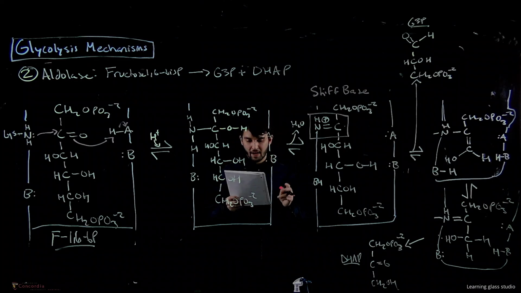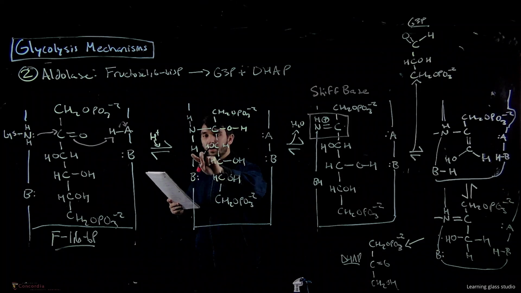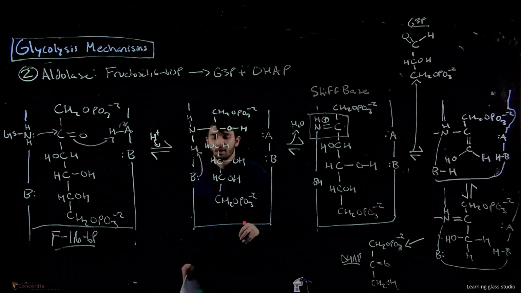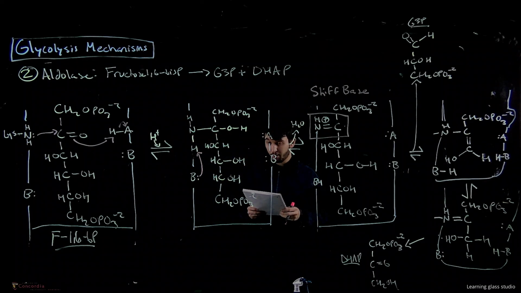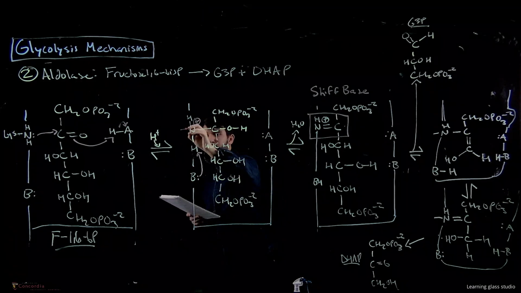So the next thing to do in order to make the Schiff base is, this basic residue here is going to come and it's going to take that proton off the nitrogen in the lysine. So this nitrogen here has a positive charge. There's another bond here.